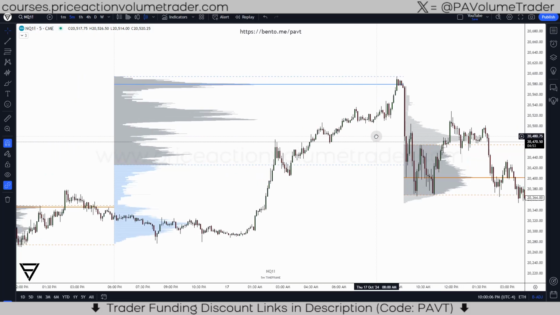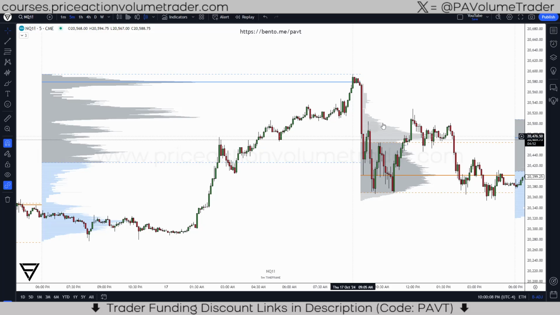If we come back here, let's look at these two sessions. We had an extended hours that started slow, and then we got very bullish, a very strong trend upwards, then a very volatile move down in the regular trading hours, and then you can see this pullback. We have a really large high volume node there.